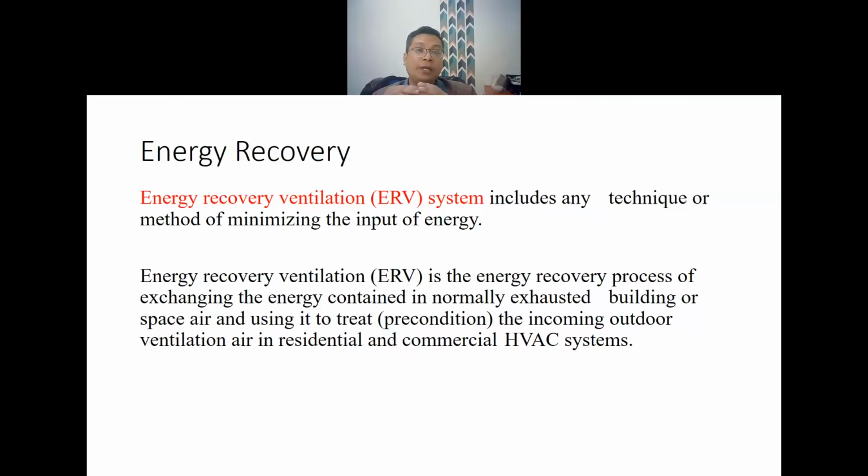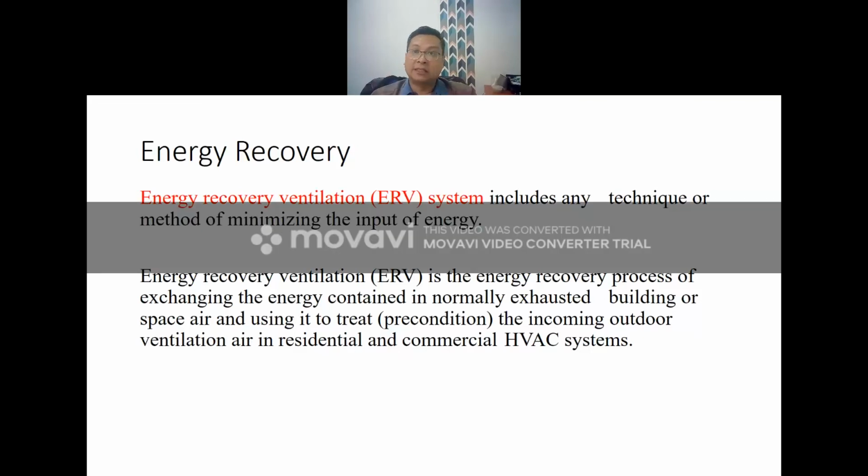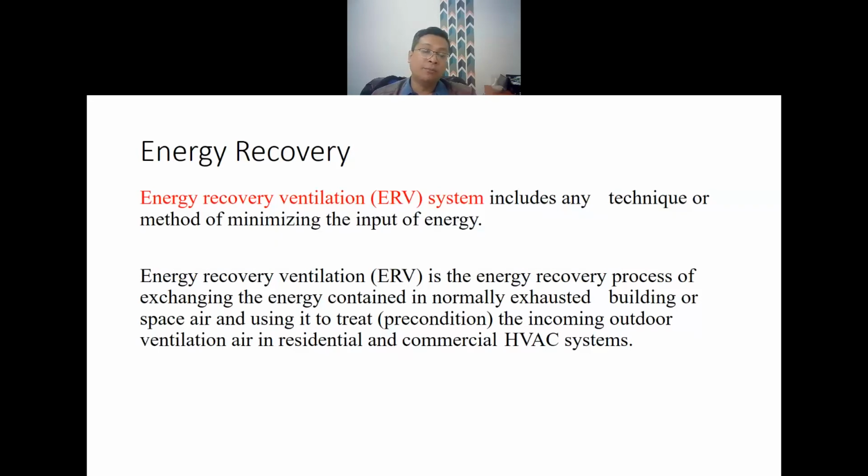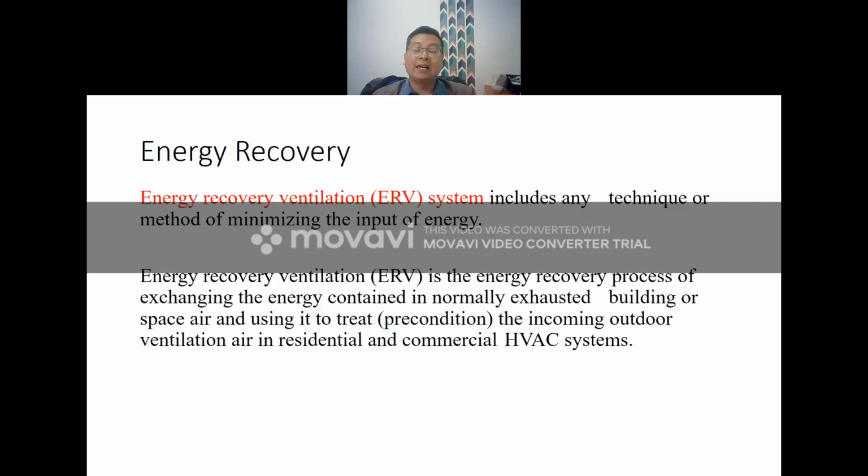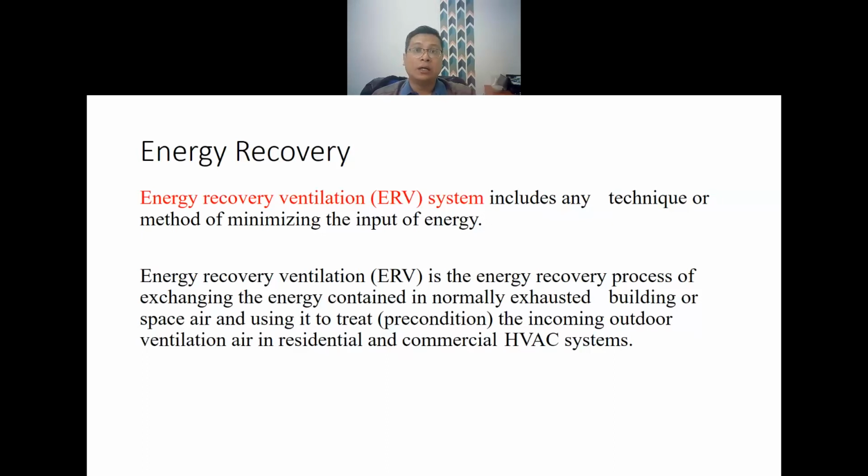Actually, in energy recovery, we try to recover the air distribution after we utilize the air supplied into the zone or room, and then we take it back by the return duct system, and then we try to recover that airflow under certain conditions, like we filter it, we recondition it, maybe give suitable humidity again, and then we send it back.